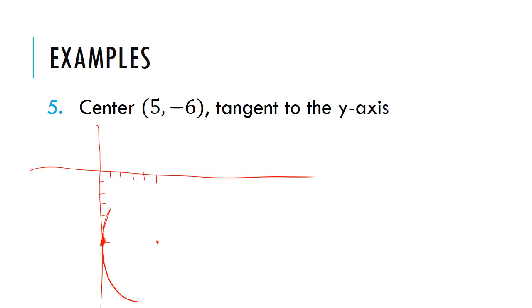This term, tangent to the y-axis, gives us the idea on how to get the radius of the circle. Since it is tangent to the y-axis, the distance of the center to the y-axis is actually the radius. So, what is the radius? 5. Yes, very good.